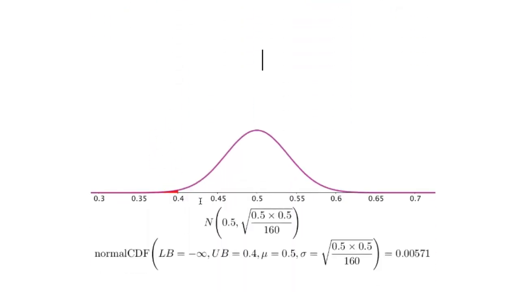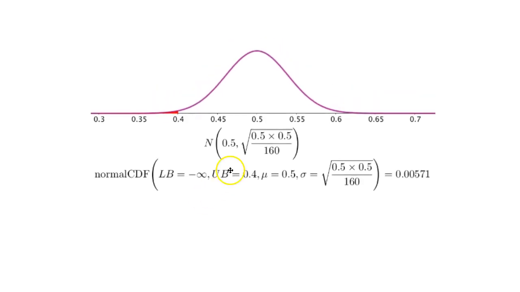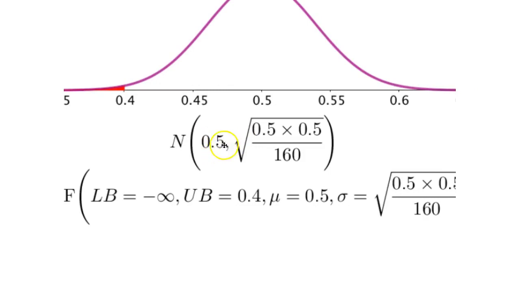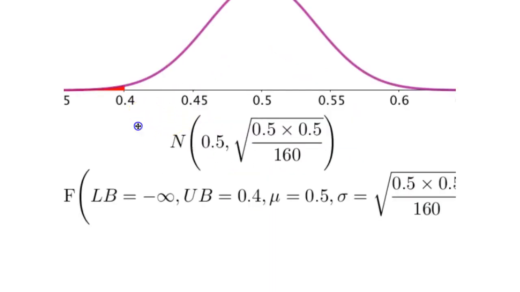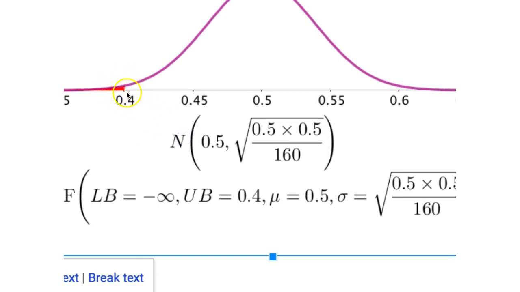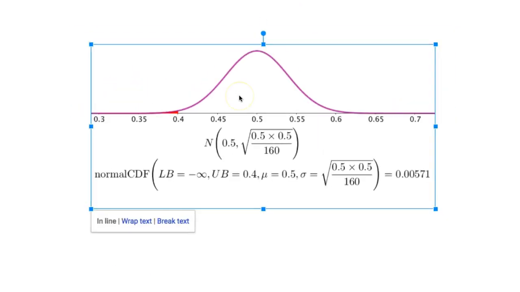So I build my normal model. My normal model is built with the population proportion, but the sample size that I took. And then using this normal model, I'm interested to see how likely it is that I see a sample p-hat of 0.4 or less, given my null hypothesis is true.